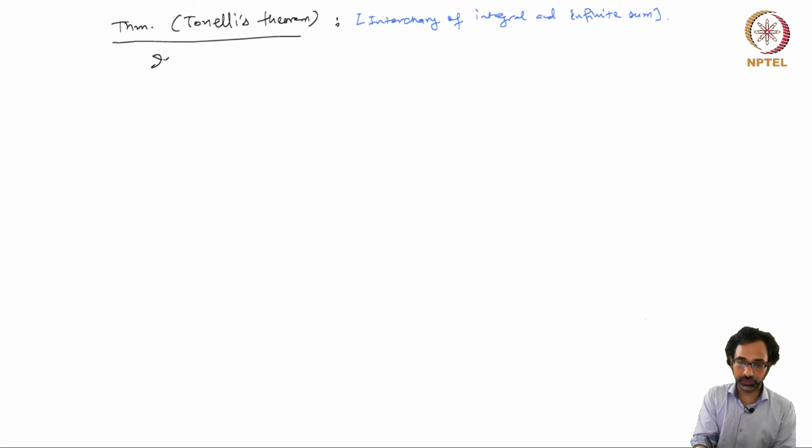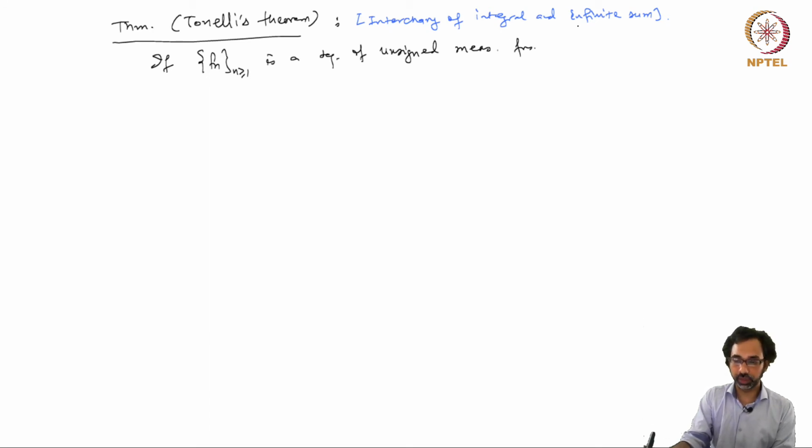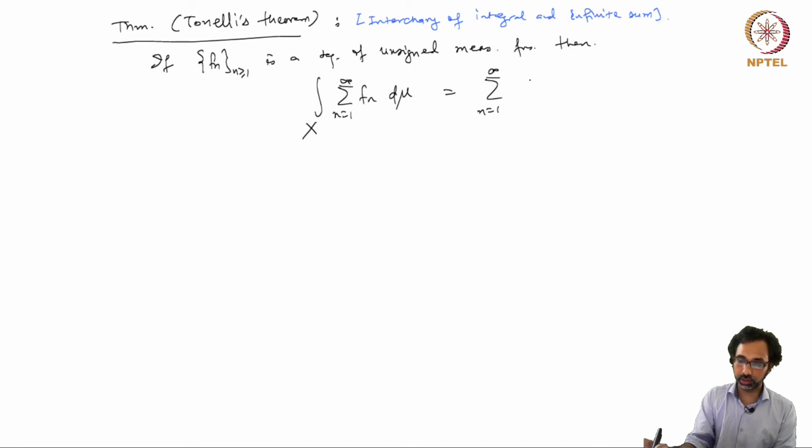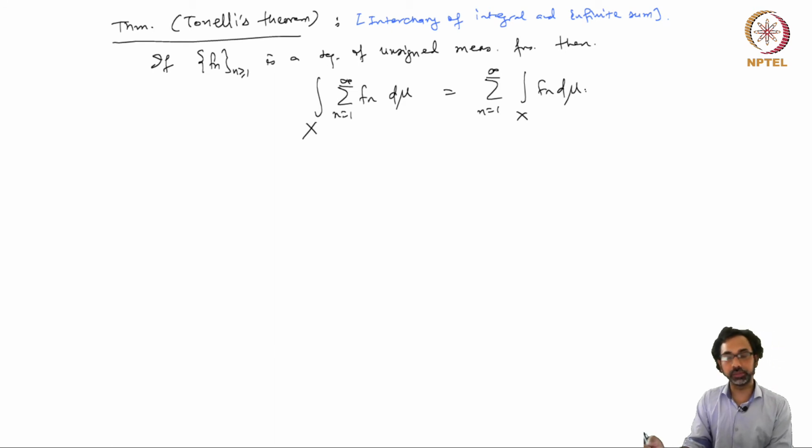It says that if f_n is a sequence of unsigned measurable functions, then the integral of the series given by summing up all the f_n d mu is equal to the infinite sum of the individual term by term integration.